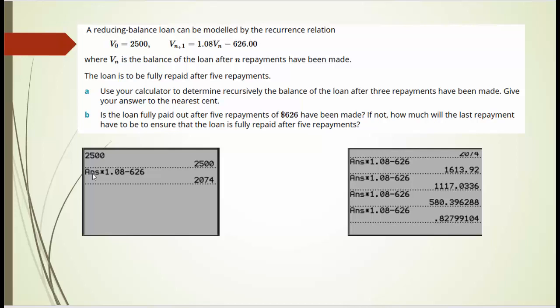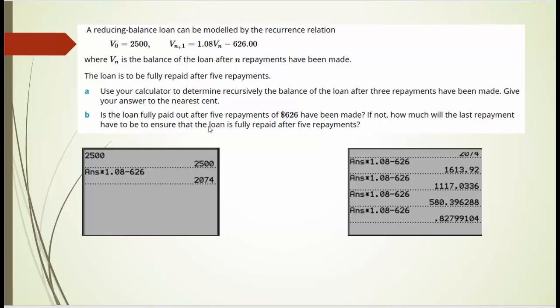Second function answer is down the bottom right hand of the calculator, times 1.08 for the annual interest rate of 8%, minus $626 for the repayment. Press enter, and that's the new balance after 1 year. Moving to the next screen, do it again, and the third one will give you 1117.03 to the nearest cent. So that's the answer to part A.